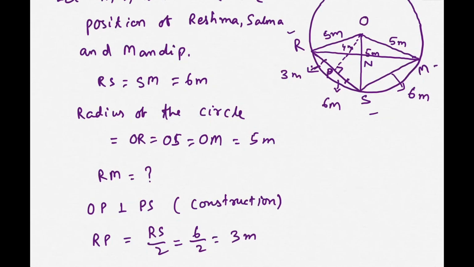Now, we shall find the area of triangle ORS. We know RS and we know OP.